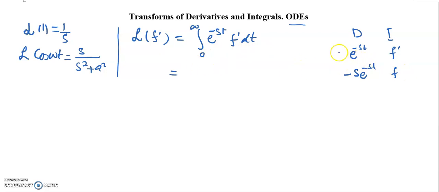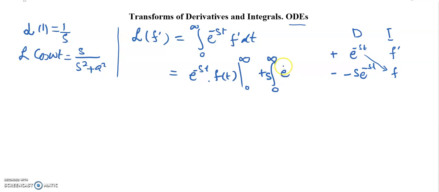So it will be e to the power minus st times this function of t, with the limits from 0 to infinity, and then plus s times the integral from 0 to infinity of e to the power minus st times f of t dt.